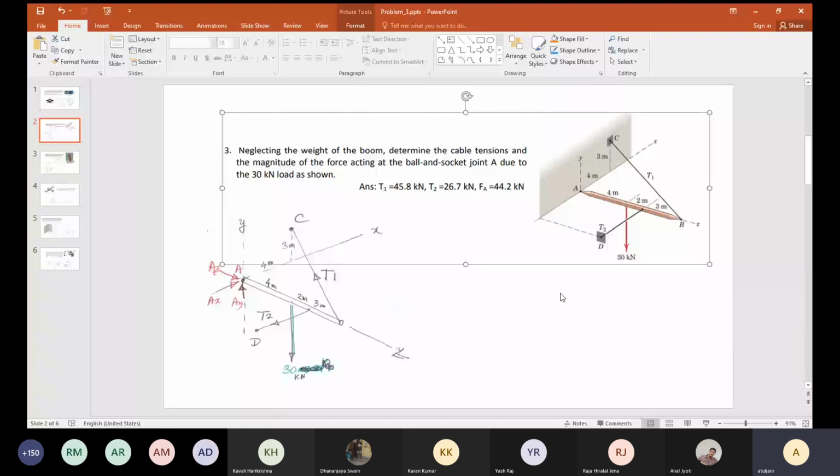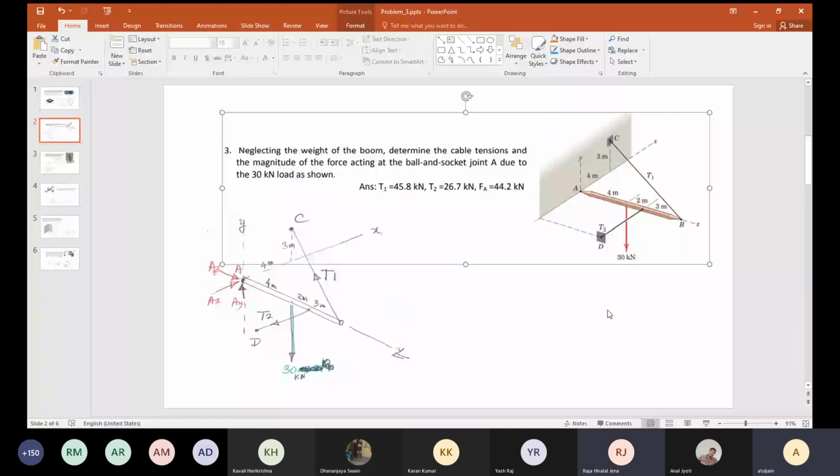Problems where there is a stick held by 2 or 3 threads are very, very common. So please make sure that you understand how to solve problems like this. Later on also, when you give your GATE exam or other exams, a problem like this is extremely common.